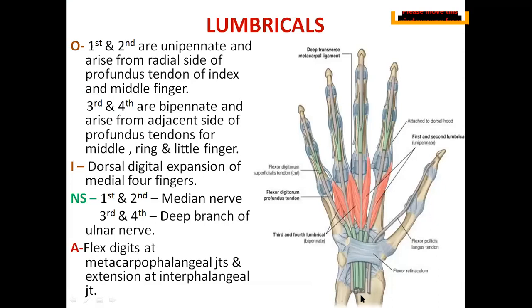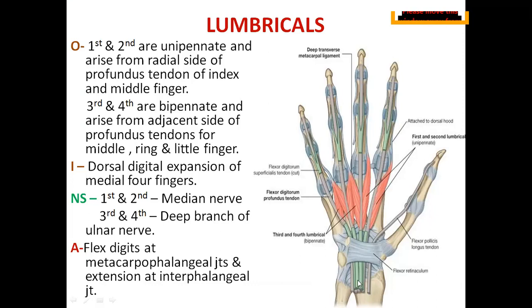Okay. Now, once you are done with the thenar and hypothenar groups, see, this is the flexor retinaculum, and below the flexor retinaculum, you find all the long flexor tendons moving from the forearm into the palm for the purpose of insertion. So, just below the flexor retinaculum, you will see the tendons of flexor digitorum superficialis. Below the flexor digitorum superficialis, we have flexor digitorum profundus.